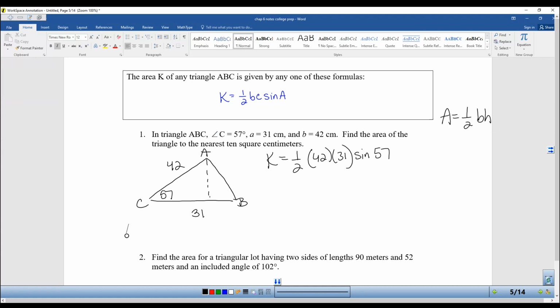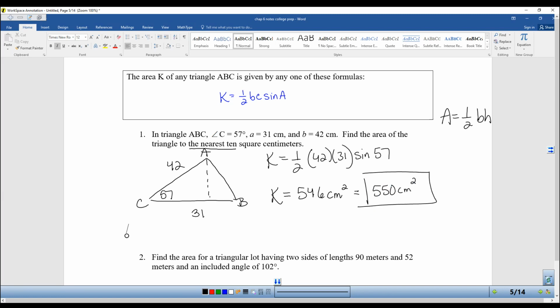But if you're about to do 10 homework problems, this formula is awesome. All right, so you multiply that out and you get K is equal to 546 square centimeters. Now, your book does a funny thing. They ask you for it to the nearest 10 square centimeters. So they want a multiple of 10. So 10, 20, 30, 40, 50, or in this case, 550 square centimeters.